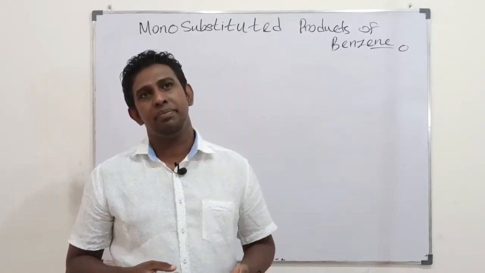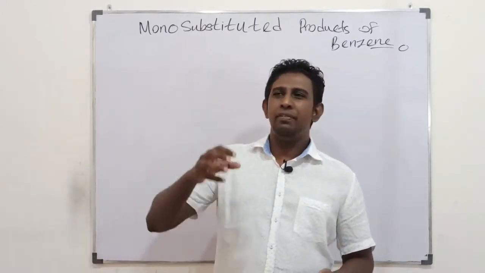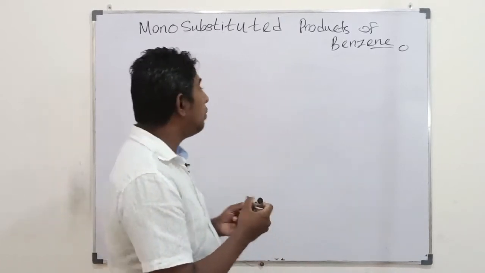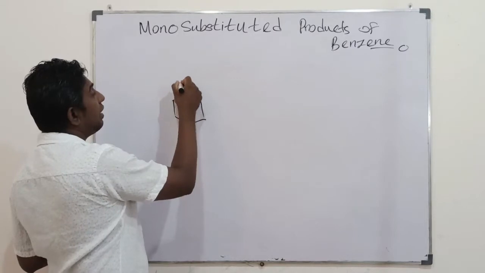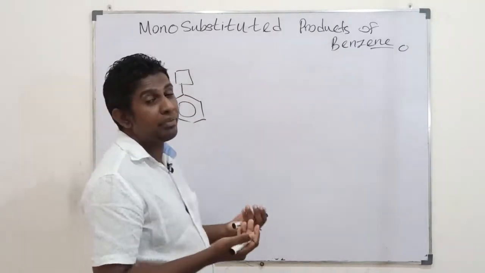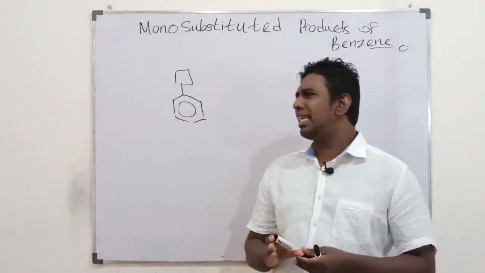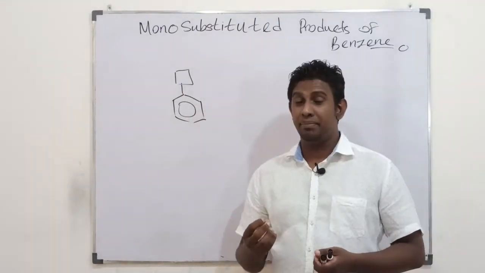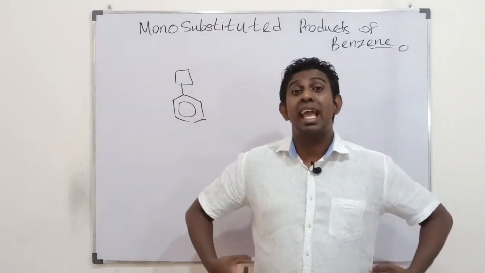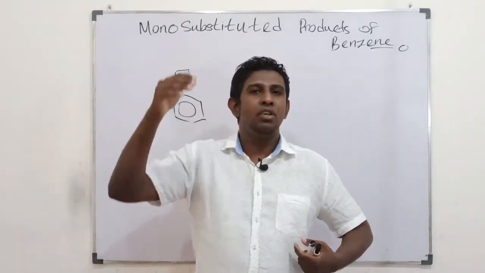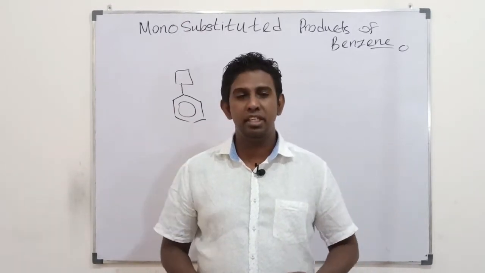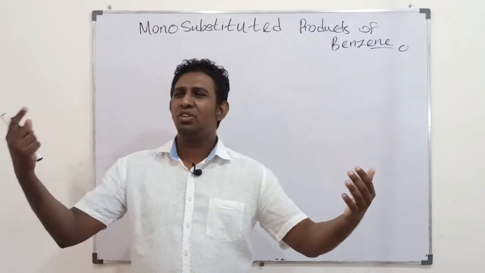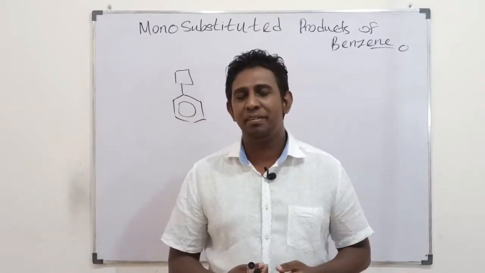So if the group attached on benzene increases the electron density on benzene, it makes benzene's reactivity high. Benzene with a great electron density can attract those electrophiles towards it.